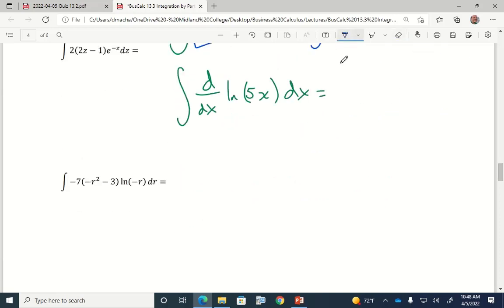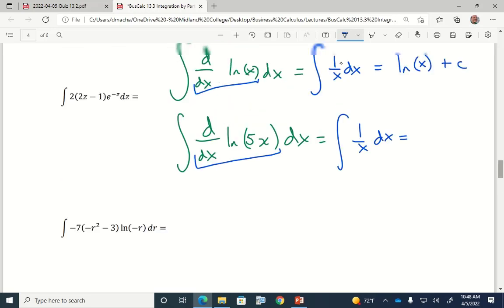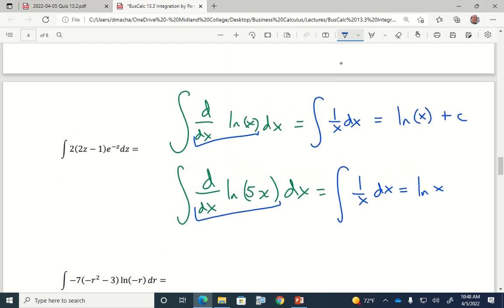The derivative of natural log 5x is also 1 over x. And the antiderivative of 1 over x is natural log x plus c. So it almost looks like you lost the 5, right? You had a natural log 5x here, and if you take the antiderivative of the derivative of natural log 5x, you just get natural log x plus c.